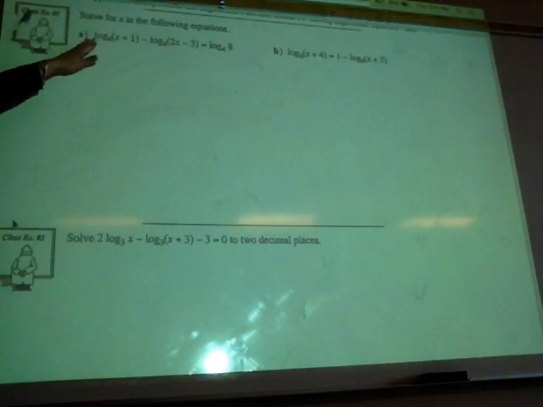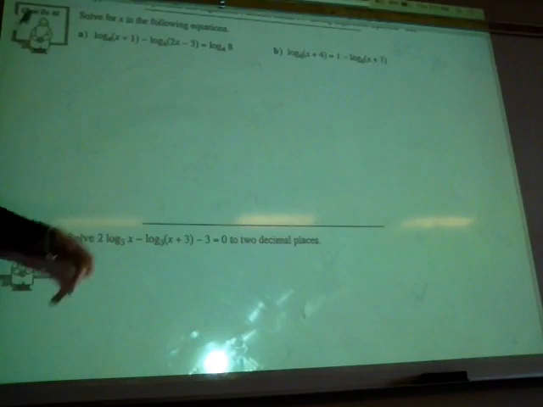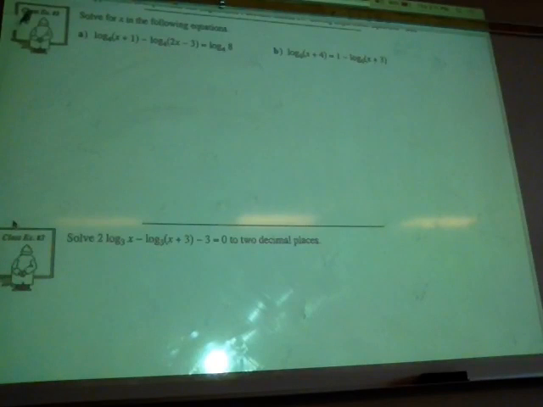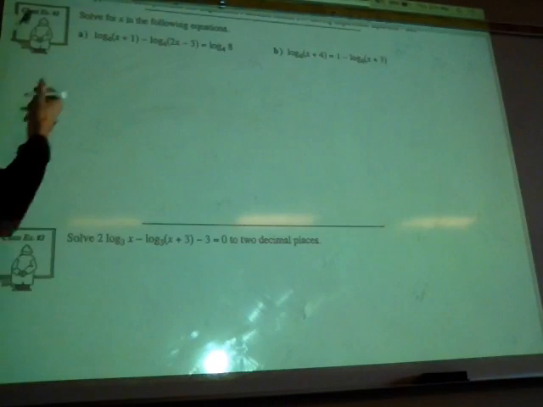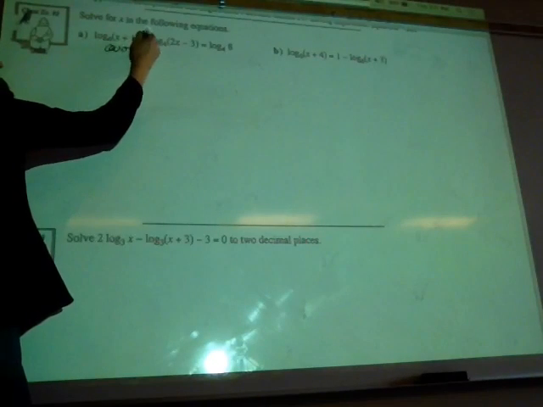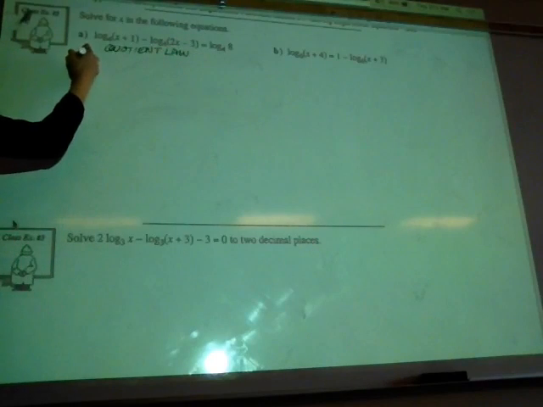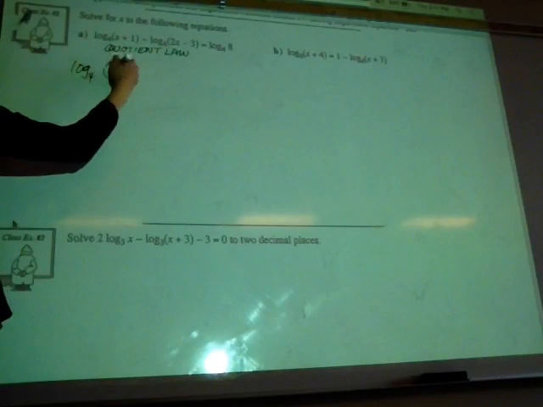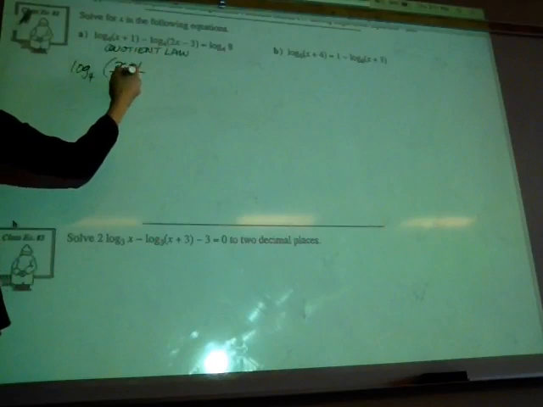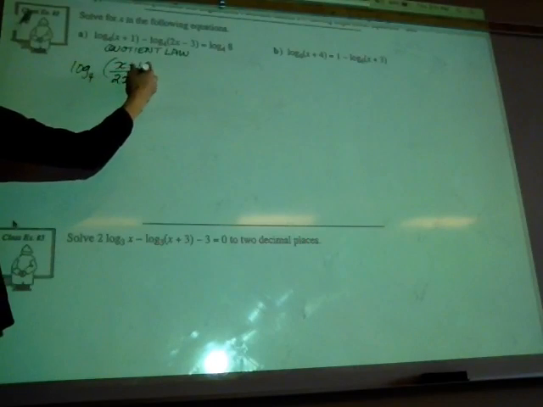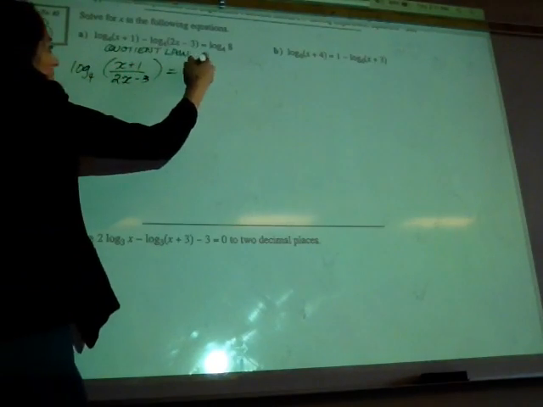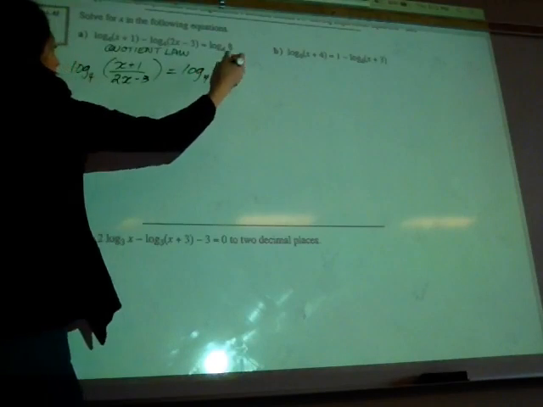So I have 2 logarithms on the left-hand side of the equation, both base 4. We're subtracting them. Which law can I use? Quotient law, good. Okay, so I now have log base 4 of x plus 1 divided by the second argument, 2x minus 3. That equals log base 4, 8.